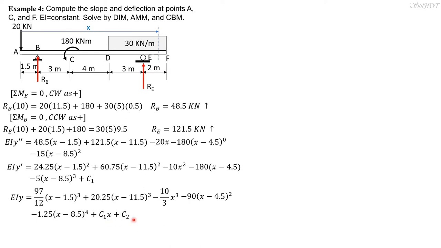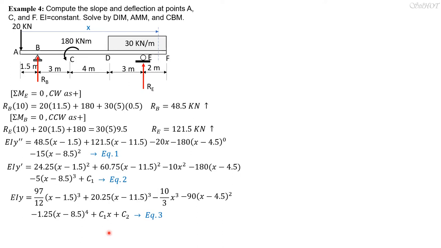So both c sub 1 and c sub 2 have values because A is not at the support. So c sub 1, remember, is the slope at A, then c sub 2 is the deflection at A. So let's call this equation 1, equation 2, then equation 3.